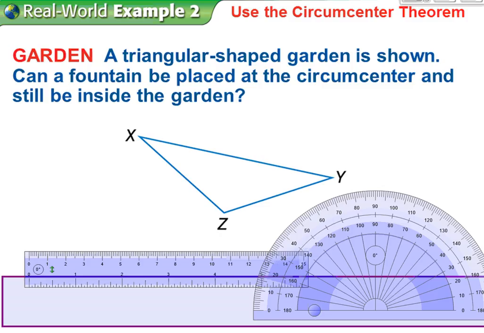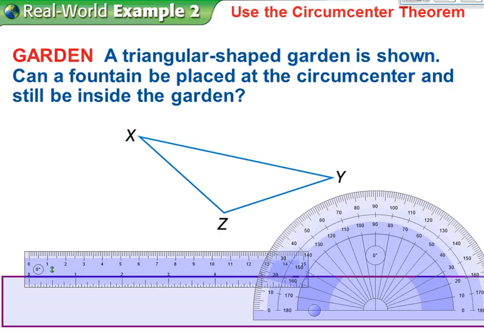Send your supply getter to get rulers and protractors, and the teacher should give you compasses as well. So now all students should have a ruler, a protractor, and a compass. The compass we're going to use very minimally, so just keep that sitting down someplace.